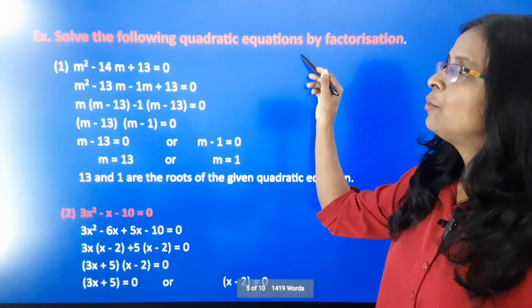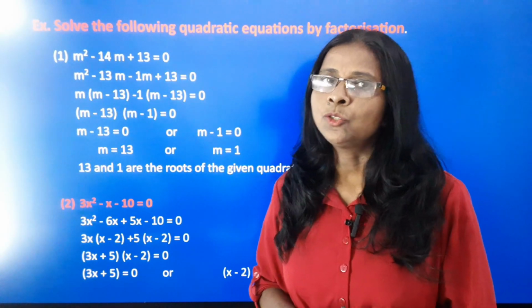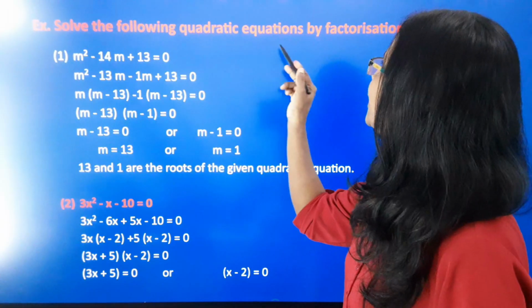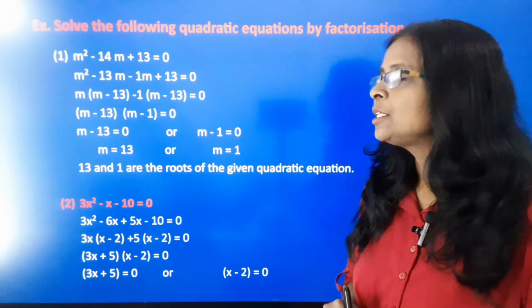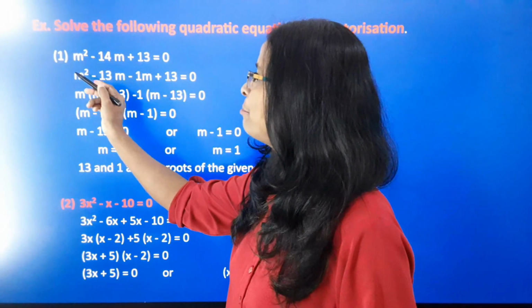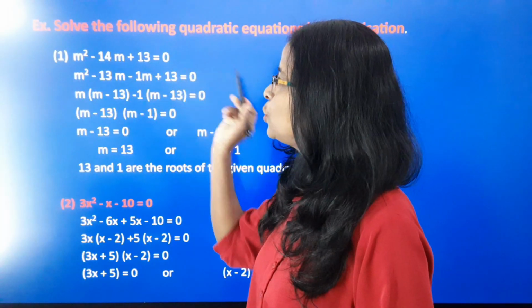To clear out this factorization method, we have to solve the quadratic equation by factorization method. There are some examples, students. The first example is m square minus 14m plus 13 is equal to 0.